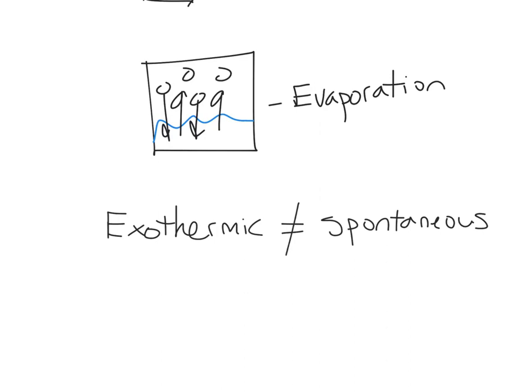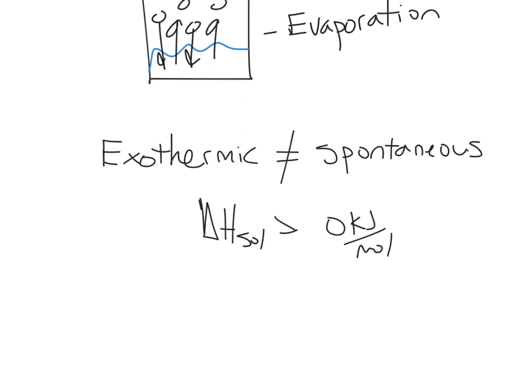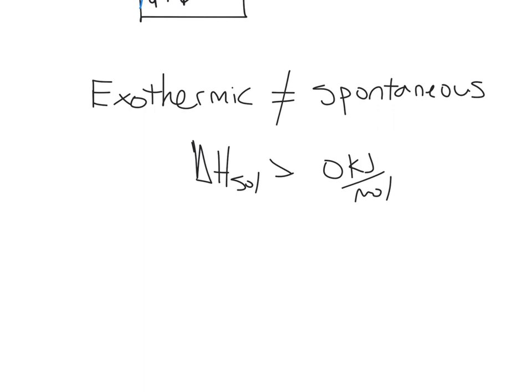Take, for example, certain substances that, when dissolved, actually absorb energy from the surroundings rather than release energy. These sorts of things have a delta H of solubility of actually greater than 0 kilojoules per mole. So in those specific circumstances, there must be something else acting on the system overall that can contribute to the situation being favorable or spontaneous, not just the enthalpy of the solution.